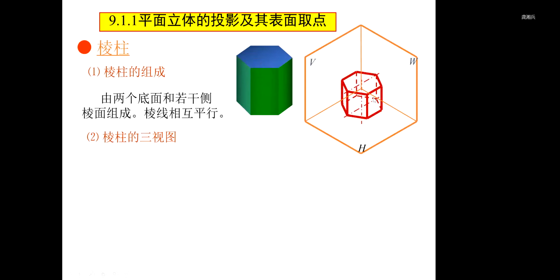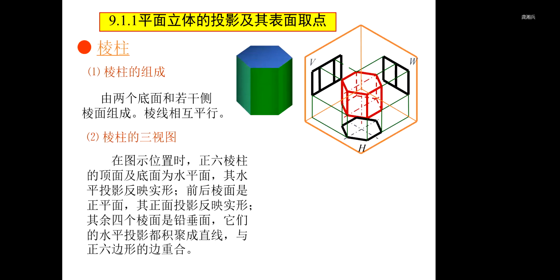And the different edges are parallel also. From this picture, you can get the three-dimensional view of the prism, and you can get the projection here. So, just like the six-edge prism, the top and the bottom are horizontal planes, to represent the true shape of the sides.